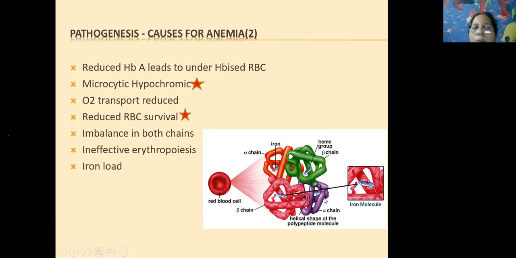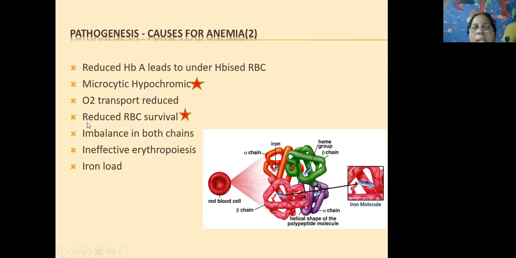If we get globin deficiency, either beta globin or alpha chain, then it is thalassemia. There also you get microcytic hypochromic anemia because the hemoglobin is deficient, either with heme or with globin. So reduced hemoglobin A leads to underhemoglobinized RBC, so microcytic hypochromic anemia. That is one reason.